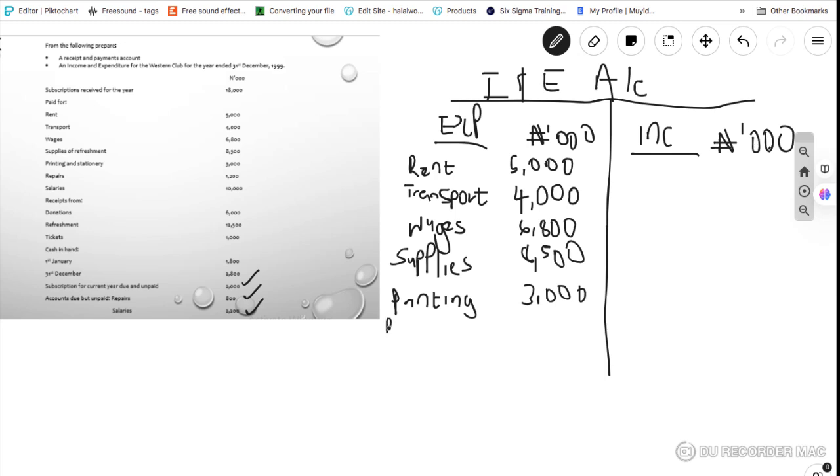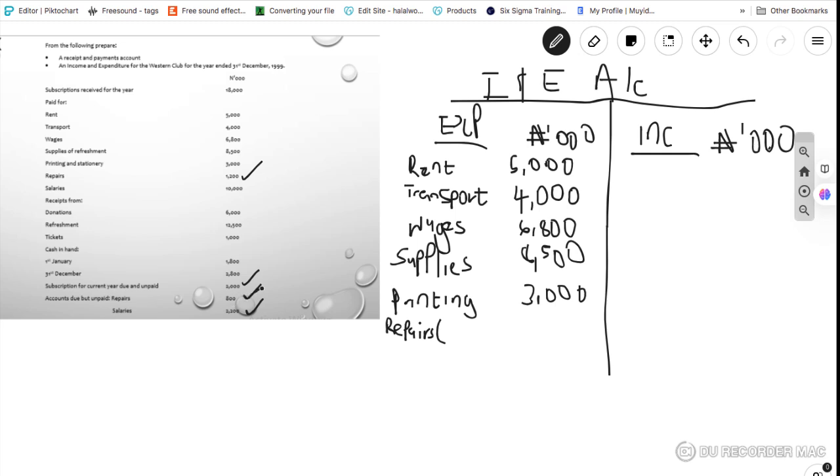So let us look at this transaction: repairs. We have repairs here with the value as 1,200,000. And we also have accrued repairs. Do we have that? Yes, we have it here.